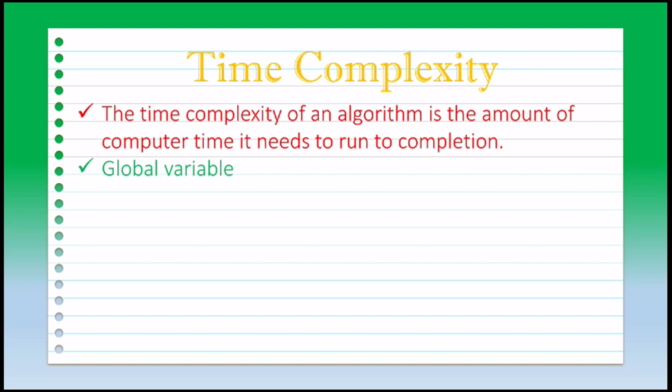Now we will take one example and we will see how to calculate the complexity by using global variable. So this is a simple algorithm where we are taking two parameters, that is a and n. So a is an array and n is used for the size of the array.